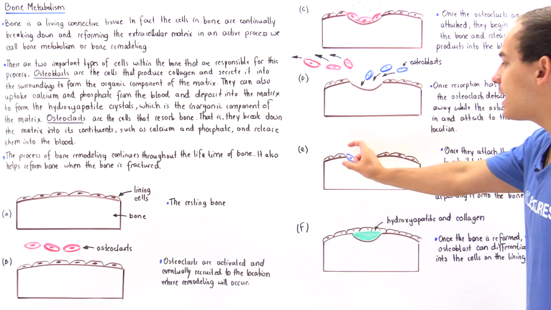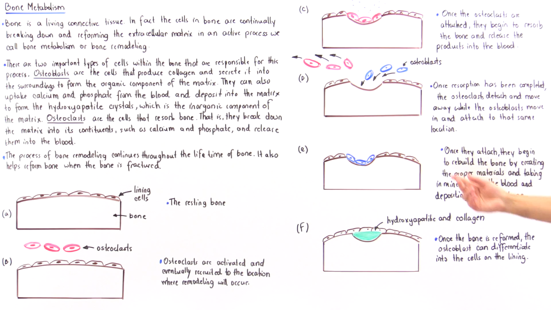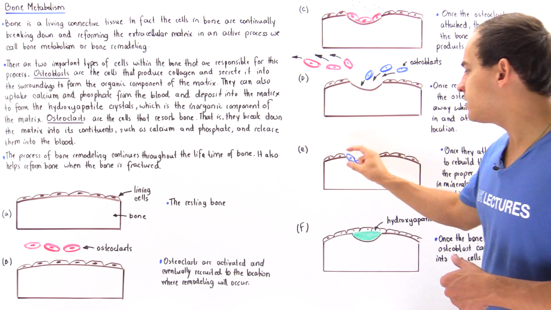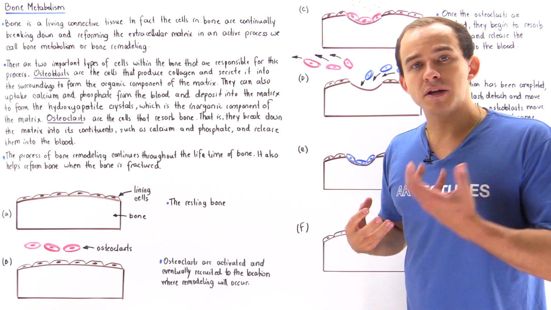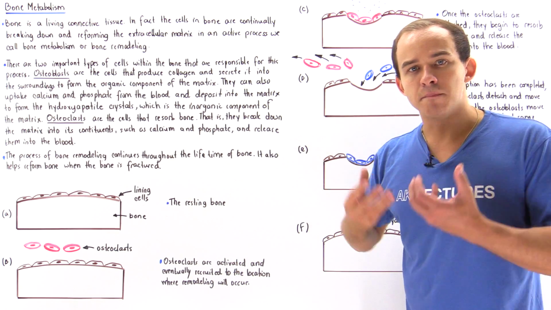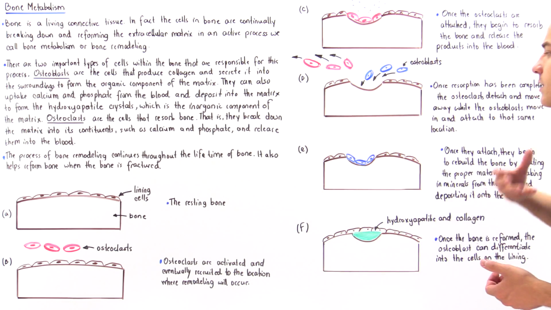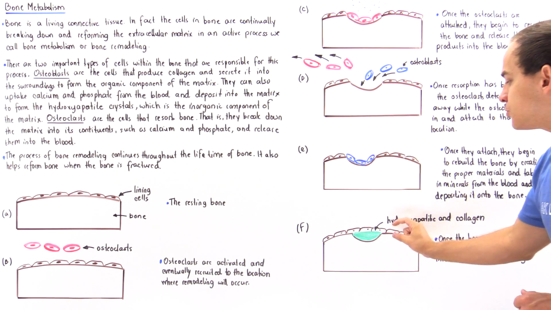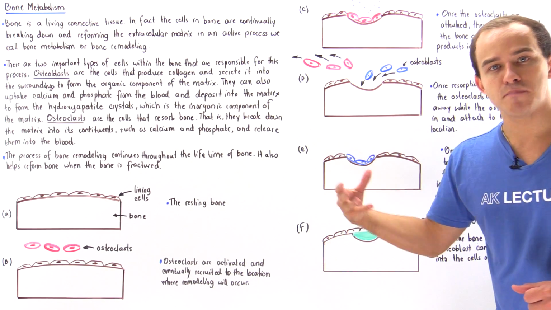And once they bind to that section, they begin to rebuild our bone by creating collagen, secreting that collagen into this area, as well as absorbing the calcium and phosphate from the blood to create the hydroxyapatite. And eventually, when some time passes, we fill this entire section up with the newly formed matrix.